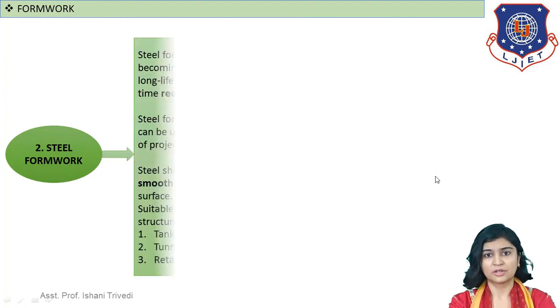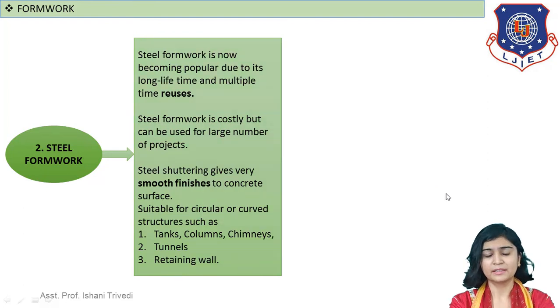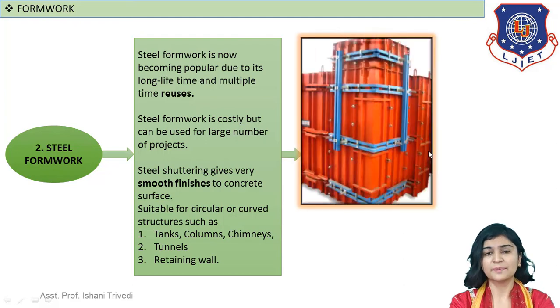Next is your steel formwork. As I discussed already, the two basic materials used for formwork are timber and steel. But let me say that if you can reuse the timber formwork for 10 times, then you can reuse the steel formwork for as many as 15 to 20 times.